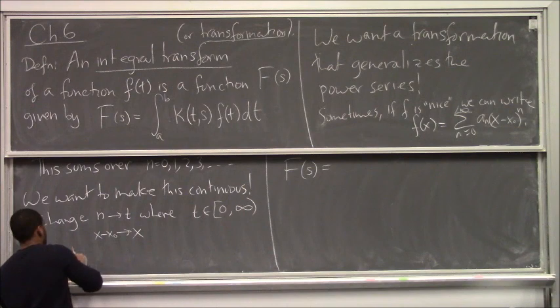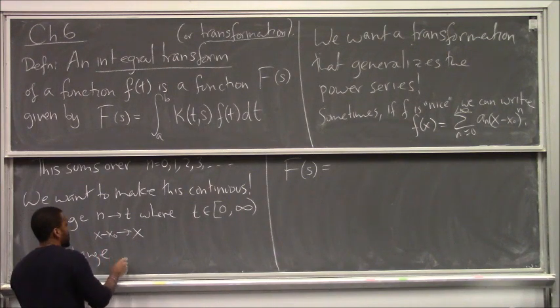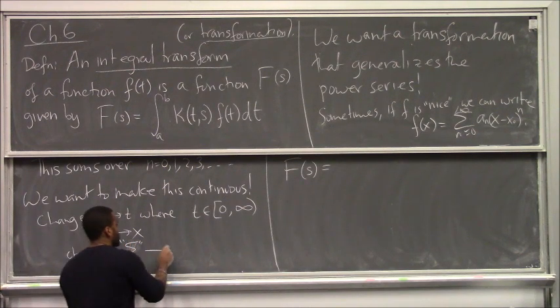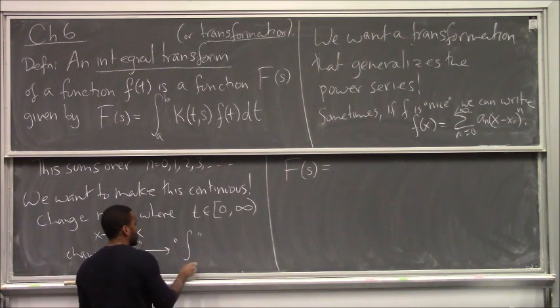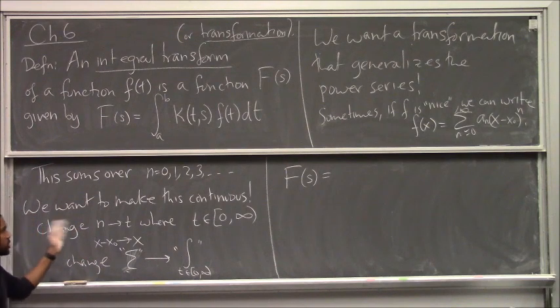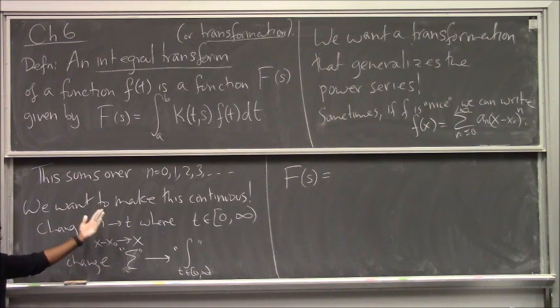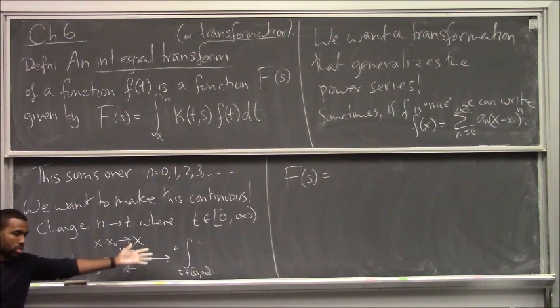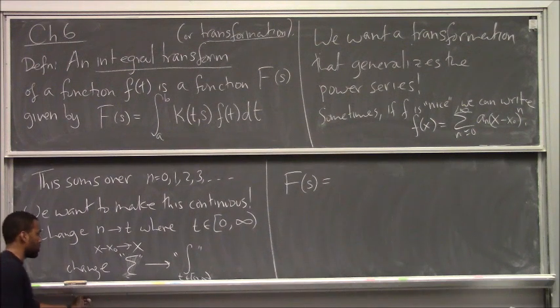And change the series symbol to an integral symbol over t. Right? So I go from n, switch to t's, make the summation continuous. We know that a continuous summation is just an integral. It's just another way to talk about an integral.